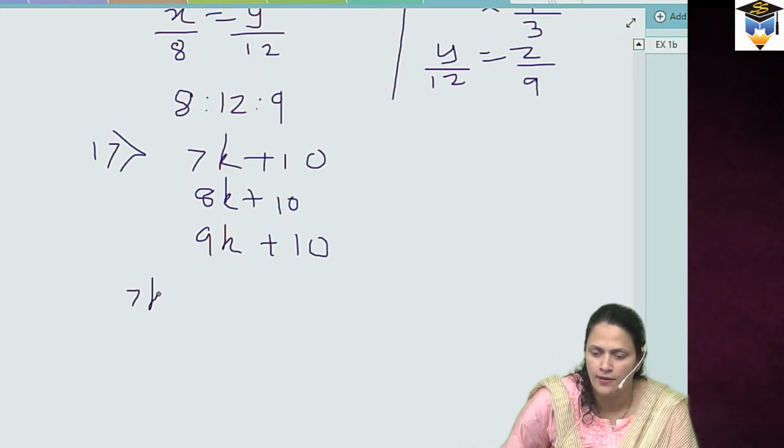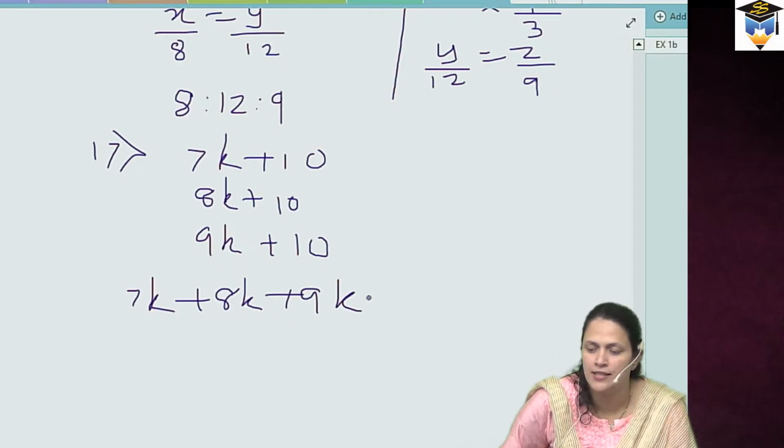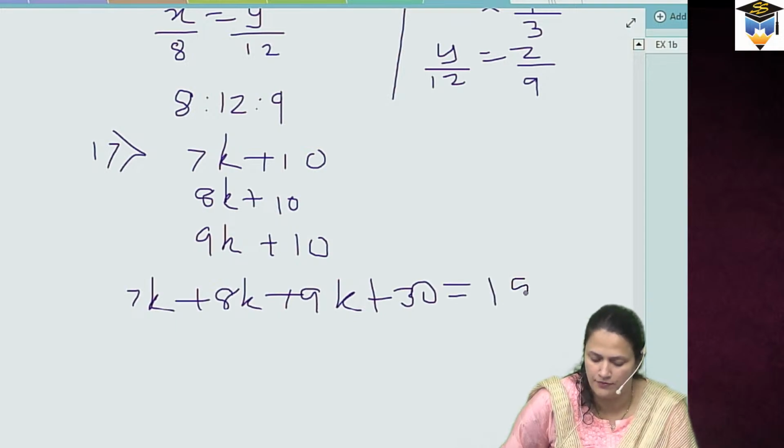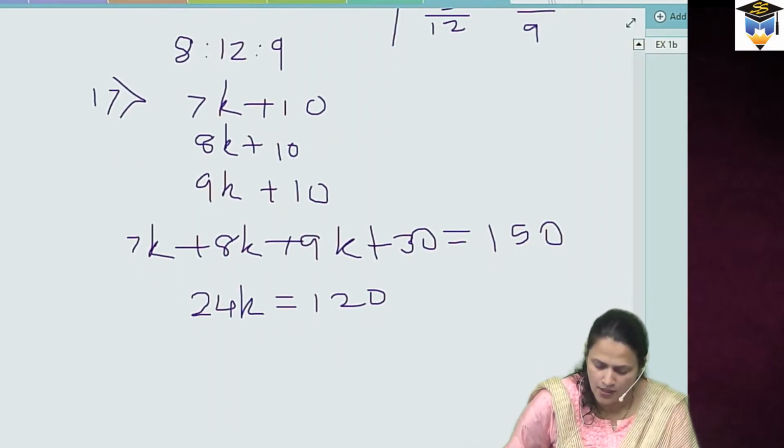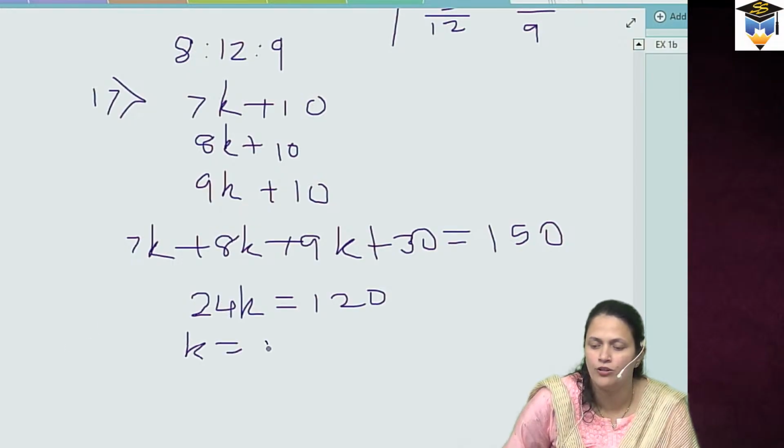Because the total sum is given to us as 150. So 7k plus 8k plus 9k plus 10 plus 10 plus 10, that is 30, is equal to 150. So that means this is 24k, that is equal to 120. So the value of k is 120 divided by 24, which gives us 5.